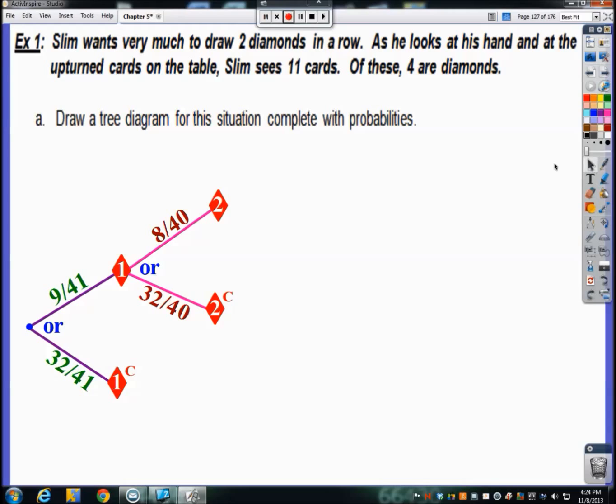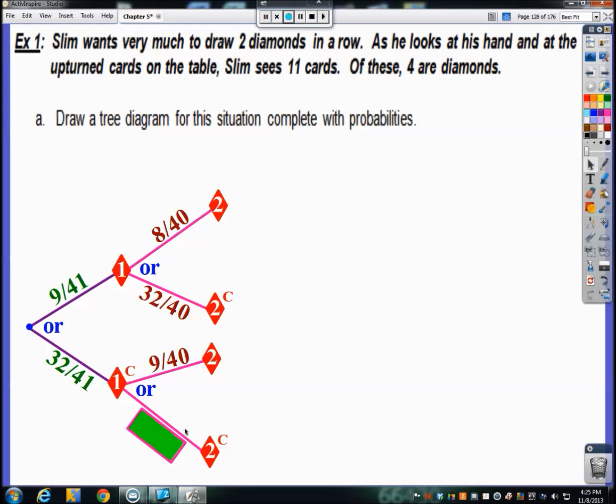Okay. Now, we did that for our first card being a diamond. But what if the first card wasn't a diamond? Now we have to look at that possibility. So again, I've got the same 2 branches basically, but they're not necessarily going to have the same probabilities. So if the first card was not a diamond, I still have 9 diamonds out there, out of now, though, 40 cards, because one of the 41 was the non-diamond I got on my first card.